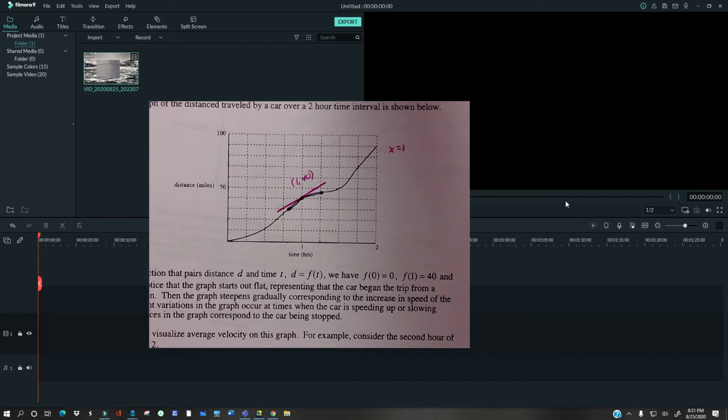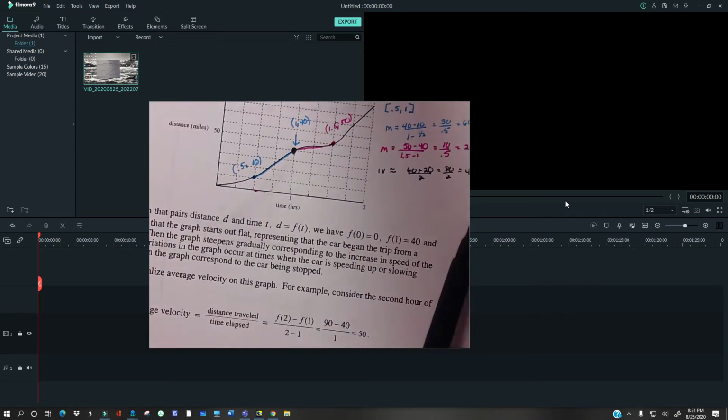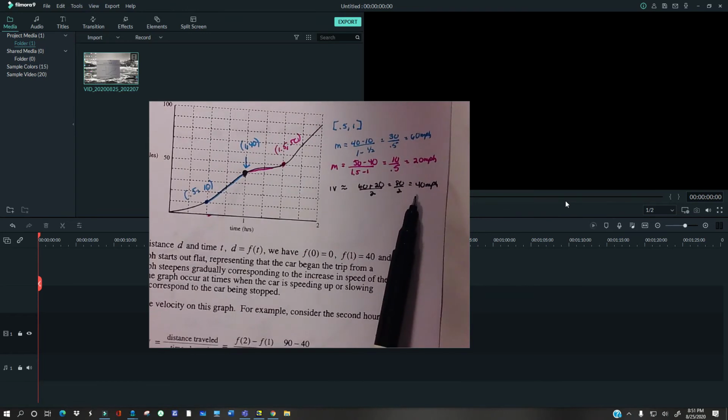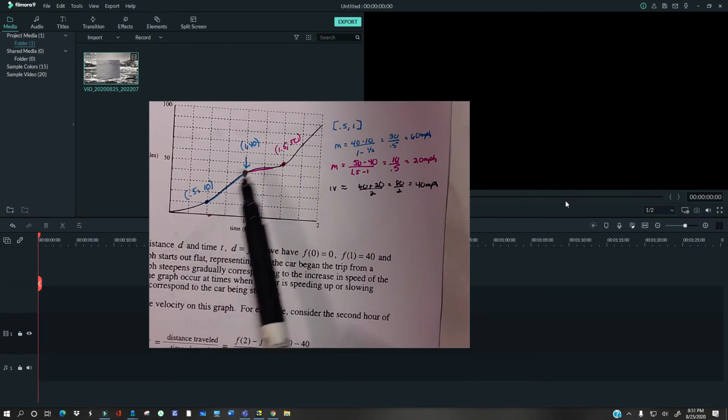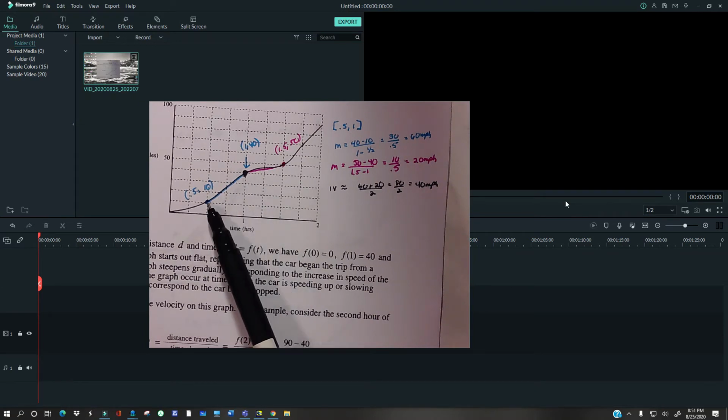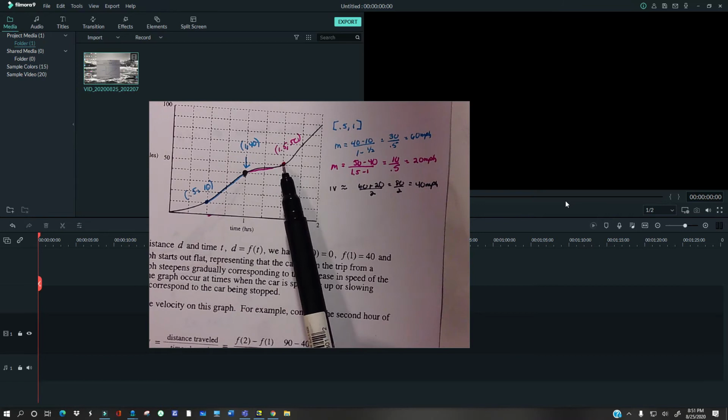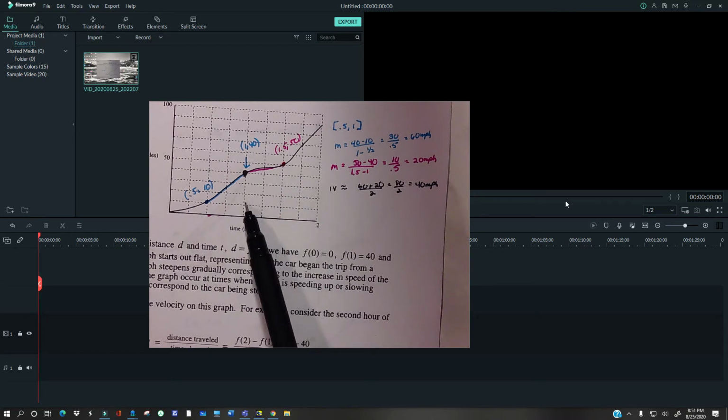But again, you'd be surprised to find out that we're pretty accurate, even being this far away from the point in question. I'm just choosing a point on the left of some interval width. In this case, this is a quarter, this was a half. Then I'm choosing a point on the right, the same interval width away.